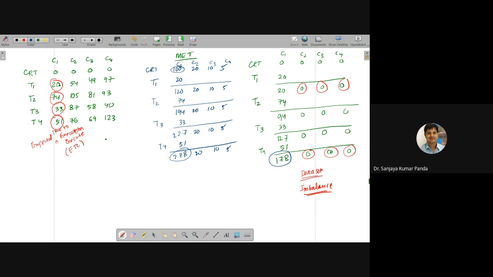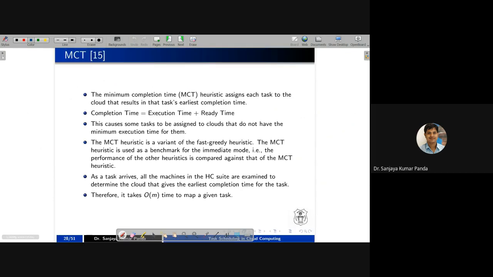In order to avoid that, we have another scheduling algorithm called minimum completion time. This is the third algorithm. Completion time is the sum of the execution time and ready time. You already know execution time is the time required to execute a particular task on a particular machine.